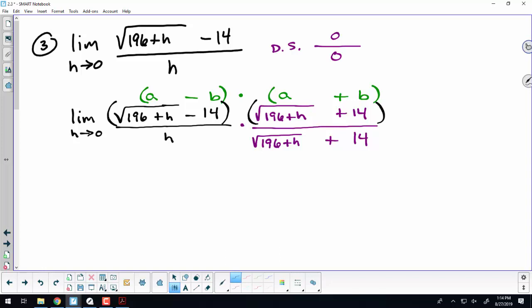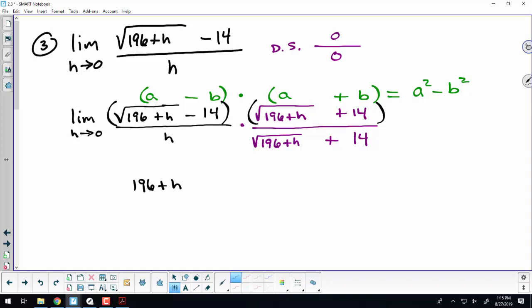Okay. So we know when we multiply the top, that it's just going to be a squared minus b squared. So if this root 196 plus h is our a, and we multiply those two things together, then that's where the benefit of the conjugate comes in, because that just eliminates the radical on that first term.